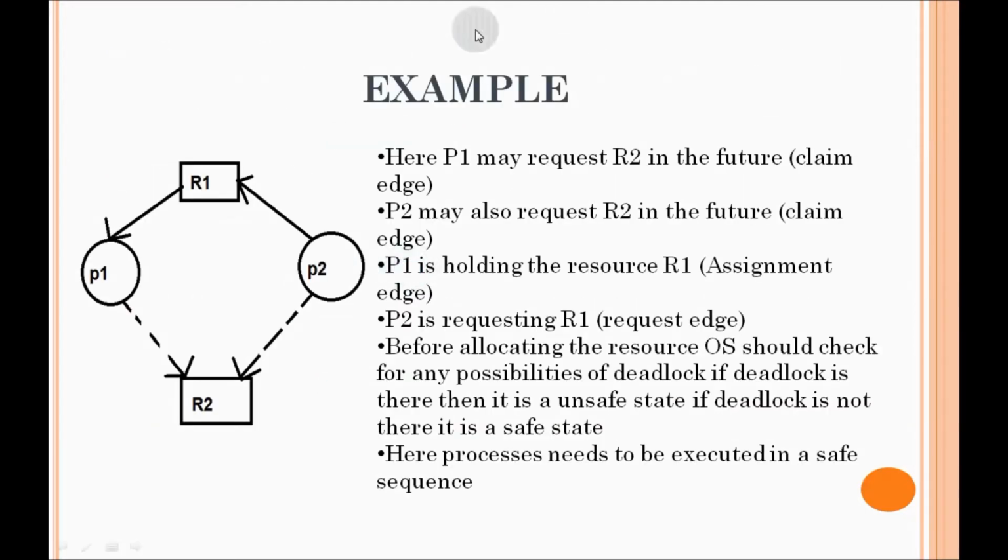So now I will take up this example. I will explain how the operating system is going to avoid the deadlock. In this very simple example, you can see here P1 may request R2 in the future, this is a claim edge. In the same way P2 may also request R2 in the future, that's why I have a claim edge.